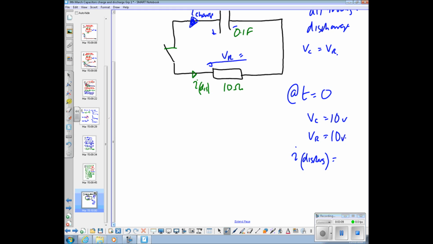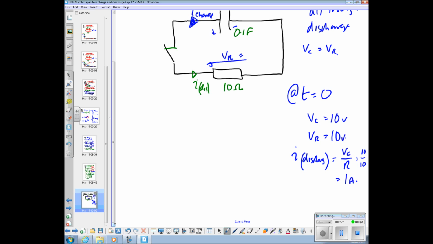Must need to apply Ohm's law somehow. So what am I going to do? Yeah, little VC over R. 10 over 10 equals 1 amp.